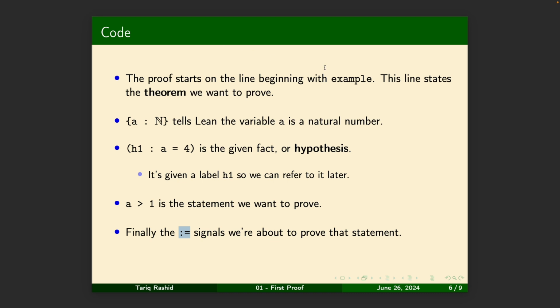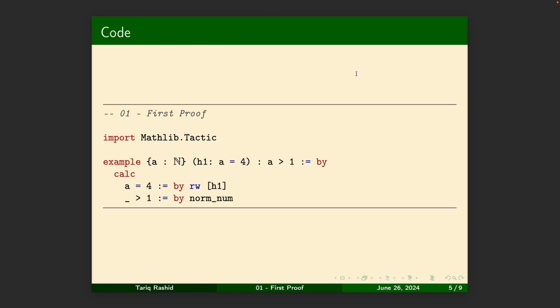I mentioned something at the word example here. I'll just say something briefly about that, but again, we'll cover it again next time. Lean proofs can have names. Lean theorems that you prove can have names. And they're named so you can refer to them later.